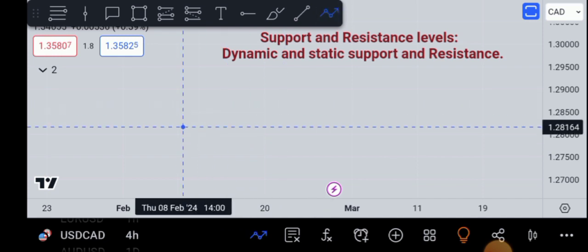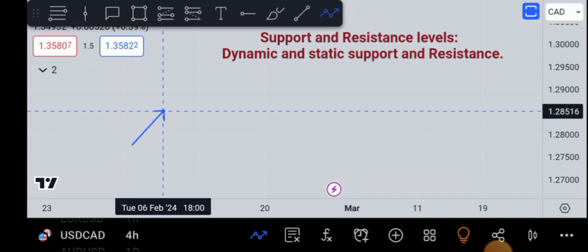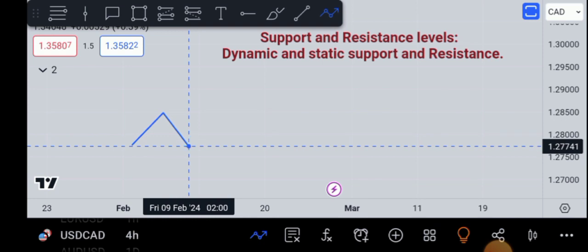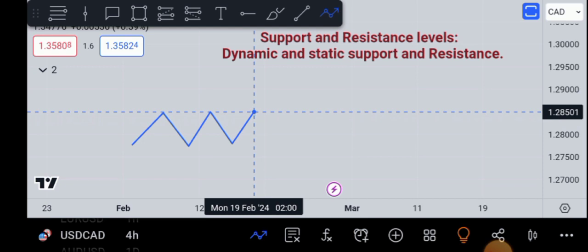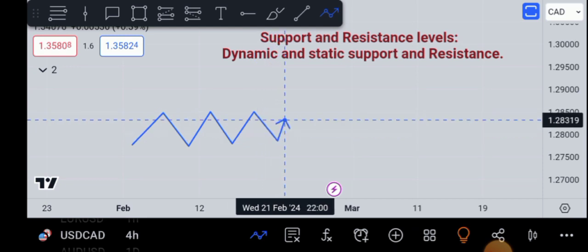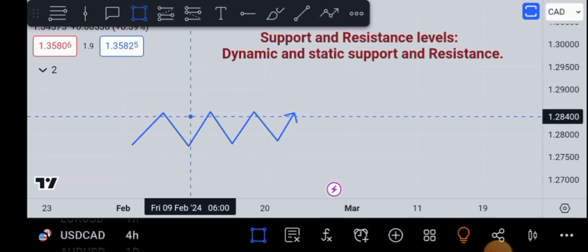Now, let's say this arrow is price. Price is moving up, moving down, moving up, moving down, moving up, moving down, moving up, and lastly, moving up. As price keeps moving like this, during this period, there are certain levels that price keeps respecting.